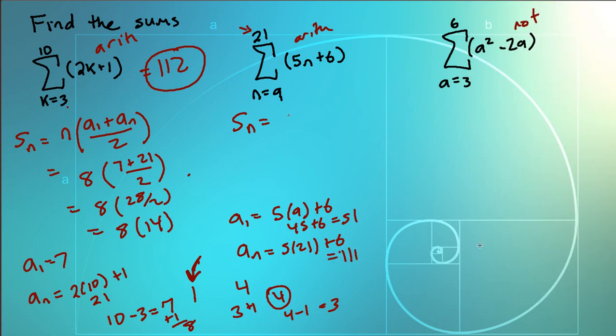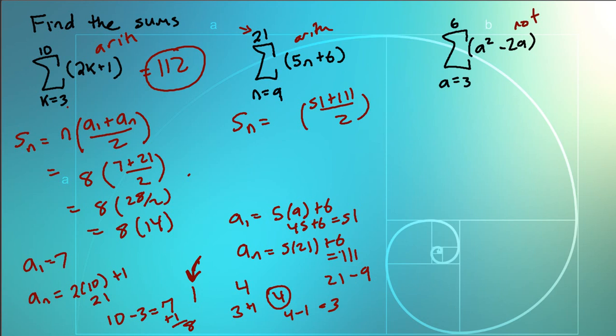Okay, so I have that information. So 51 plus 111, all divided by 2. And then n, what is n? Well, 21 minus 9. I ended on the 21st page. I started on the 9th page.